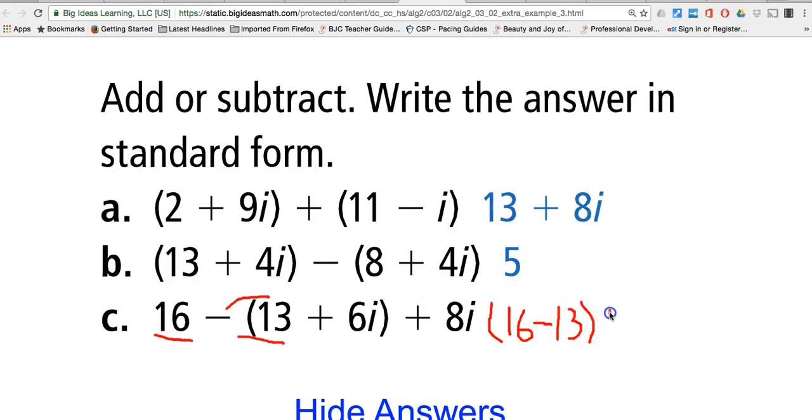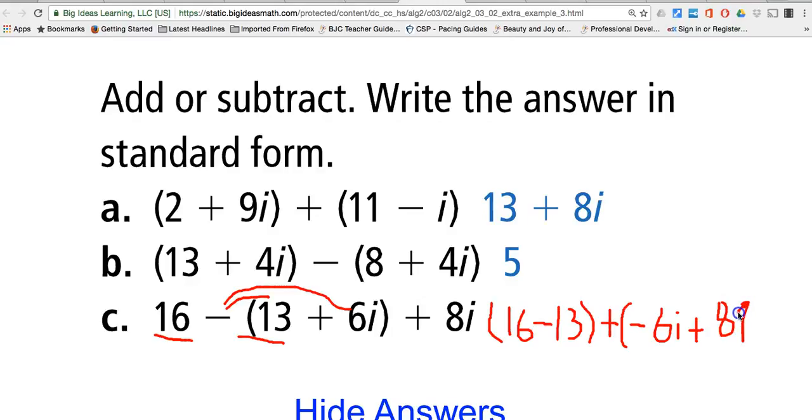And remember, we're combining that with our imaginary portion. So we find 6i is our first term. And remember, the minus goes to 6i. So this becomes minus 6i. And then we are adding that to our other imaginary part. So we get minus 6i and then plus 8i.